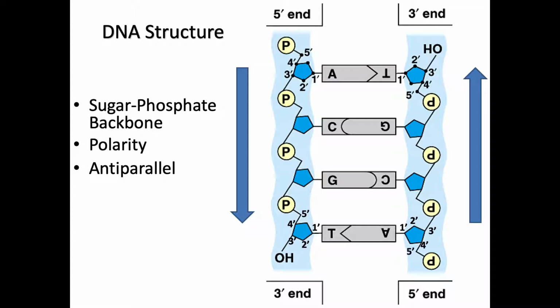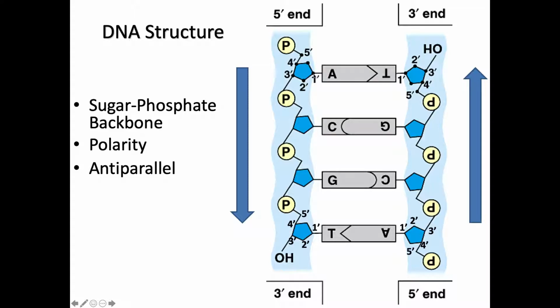So we already know that it has a sugar phosphate backbone, okay? And then here we have what's called a 5' end and a 3' end. So here's one strand, here's another strand. Well, each strand of DNA runs from the 5' end to the 3' end. What does that mean? So here is the sugar of your nucleotide.